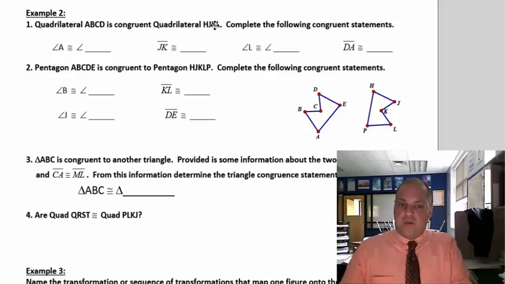Well, it's the first letter, so it must be the first letter, H. JK must be congruent to the middle two letters, BC. Angle L, last letter, angle D. And DA, last letter, first letter, is LH.